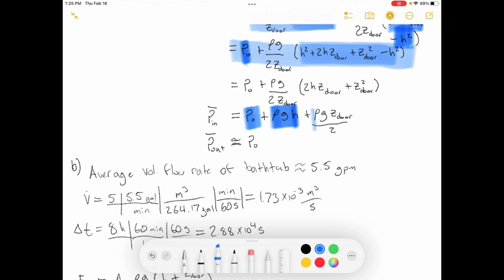But then we also have a little bit extra right here. We have our density times gravity times the length of the door divided by 2. So that's because we're averaging over the full door, there's a little bit more pressure there, okay?